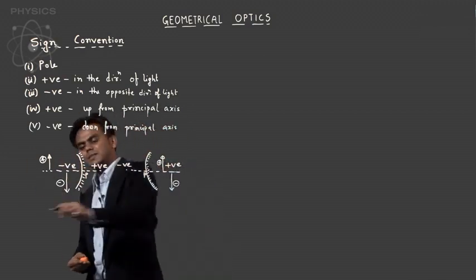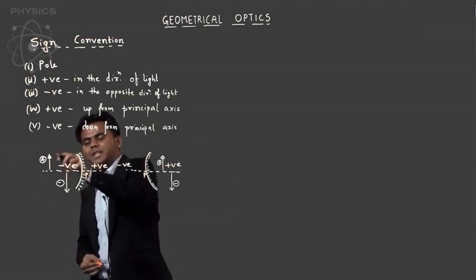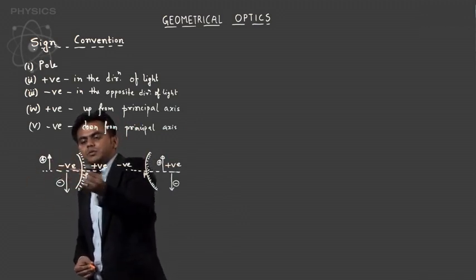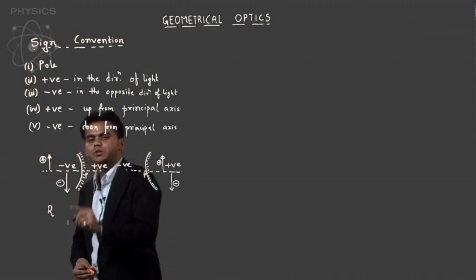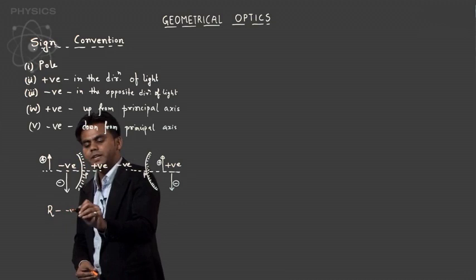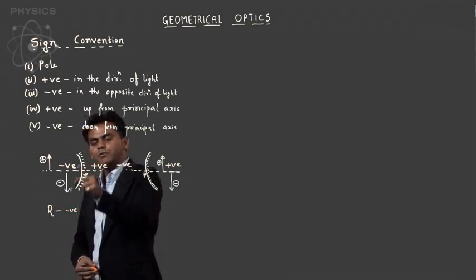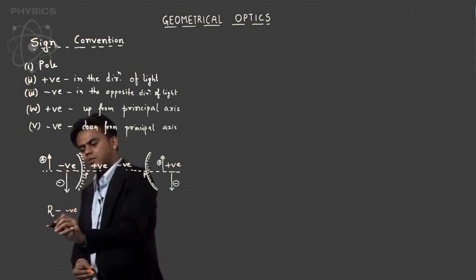I can complete this diagram to make a sphere, and the center of curvature would be here. So the radius of curvature would be to the left side. So in this case, R, which denotes radius of curvature, is negative. Similarly, focal length would also be on this side. So F would be negative.